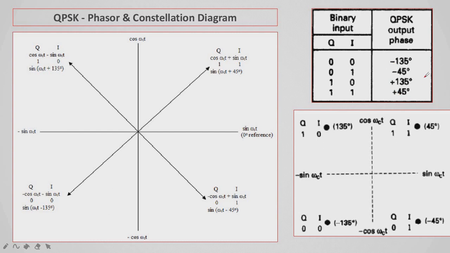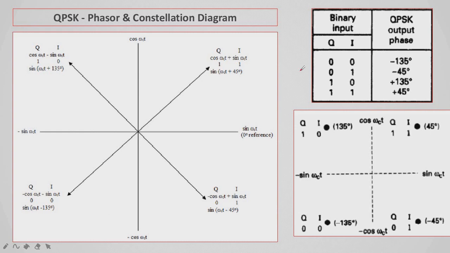So we are using the 4 possible combinations with the help of 2 bits. The 4 possible combinations are 0 0, 0 1, 1 0 and 1 1, and the angle is assigned with respect to the quadrant. In the first quadrant both potentials are high, so it is 1 1 and we assign an angle of 45.